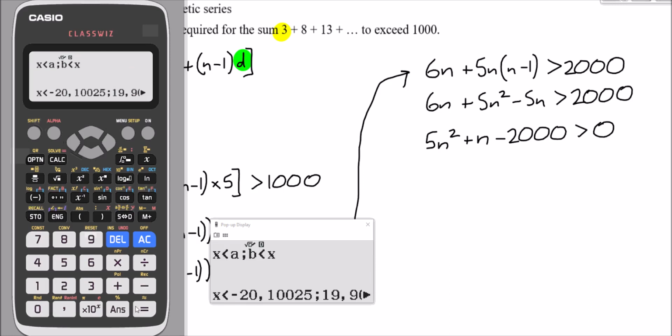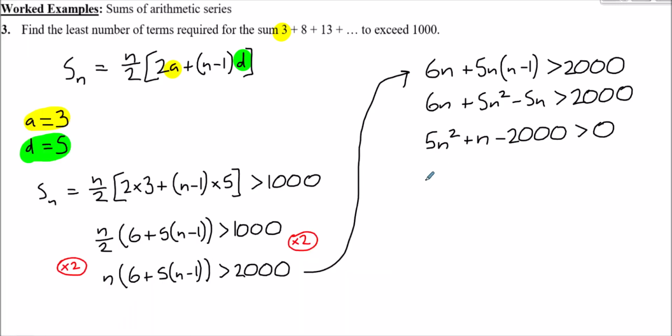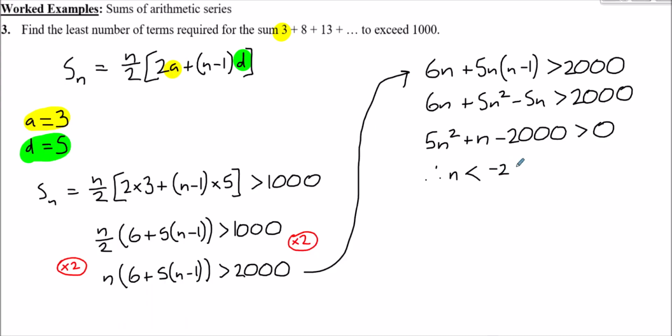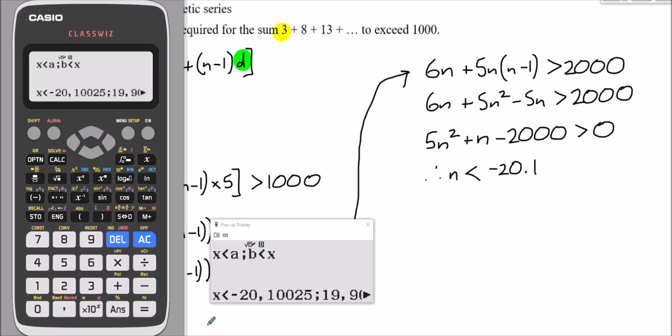So we need x to be less than, well in our case n, less than minus 20.1-ish. If we scroll along, we want x to be greater than 19.9.